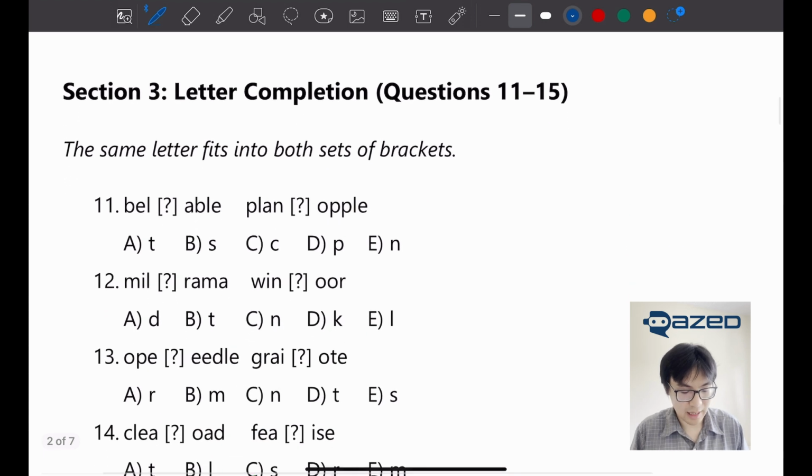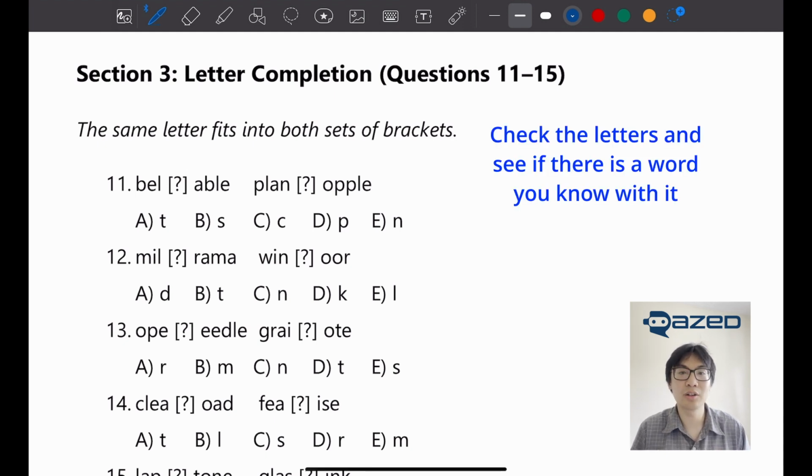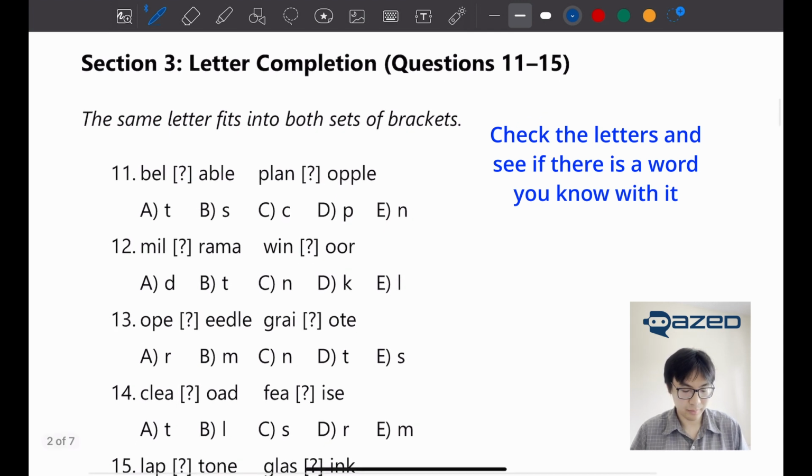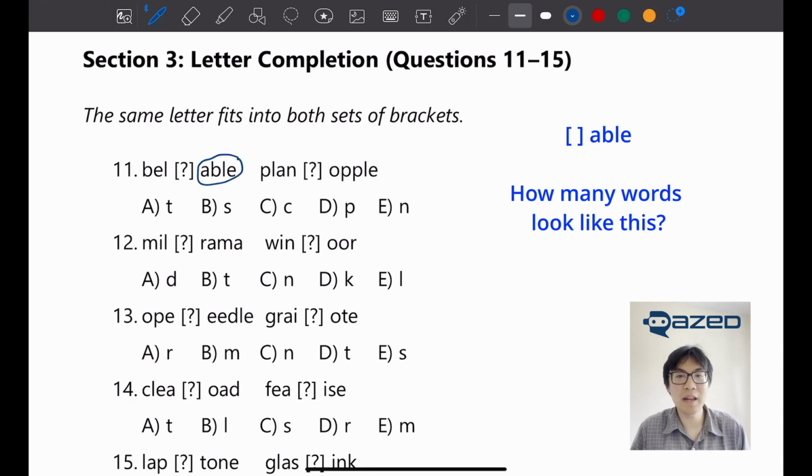And this is letter completion. So we have to find the letter that works for all 4 words. Now, for this one, how I do it is there are certain word combinations that look very, very unique. For example, if I tell you "able", there are not many words with "able" at the end and a letter at the front.